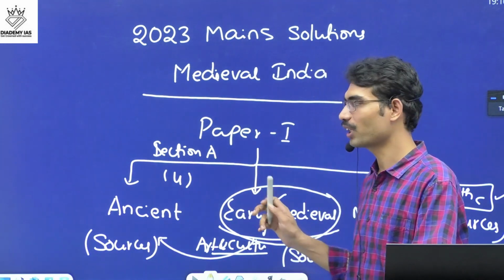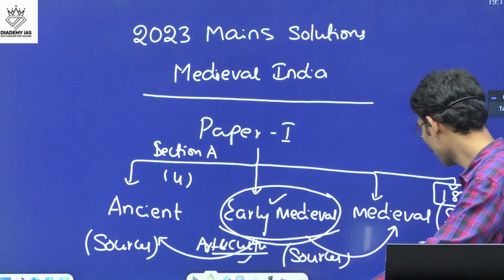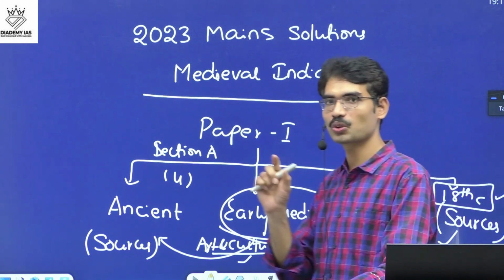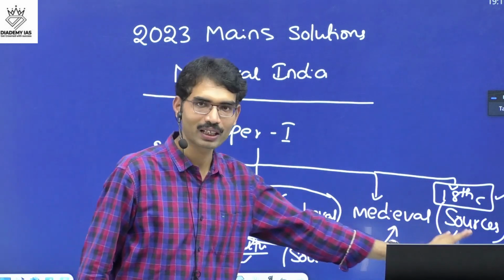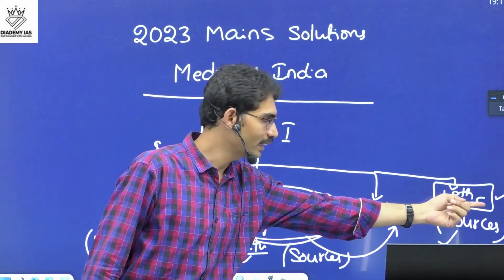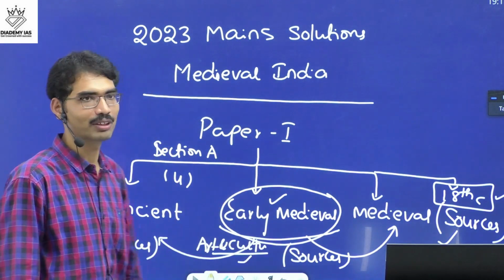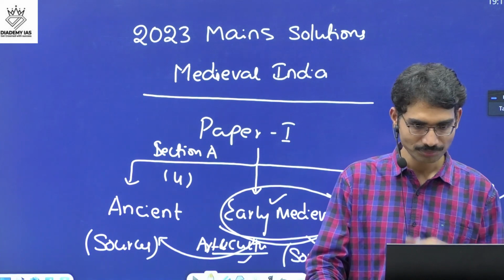The lesson we have to learn from this paper is, be careful in having command over sources from everywhere. Ancient also, early medieval also, and the transition zone, 18th century and early medieval period. This way, you have to mention all of them.